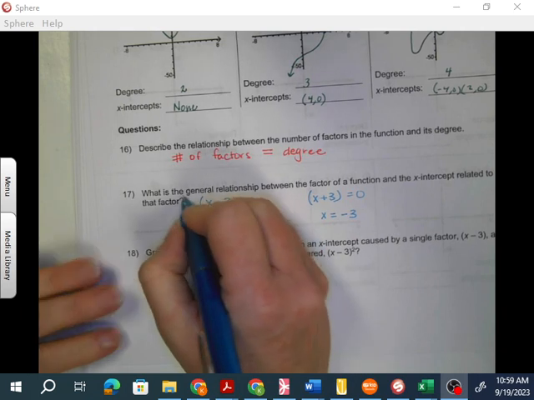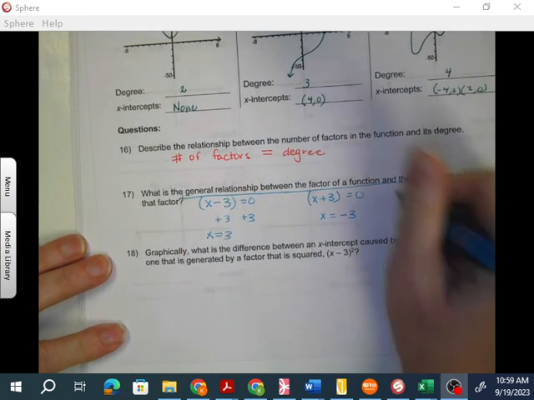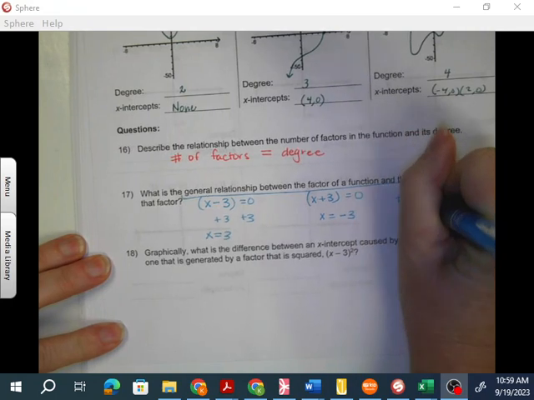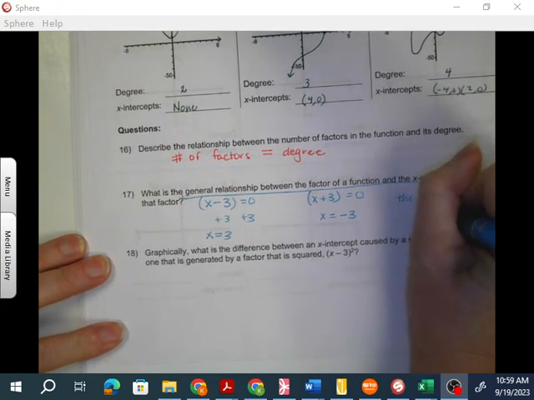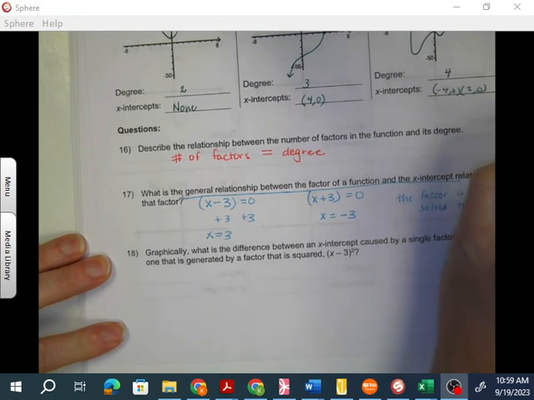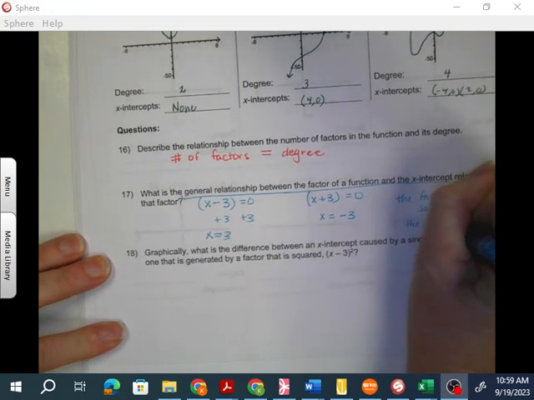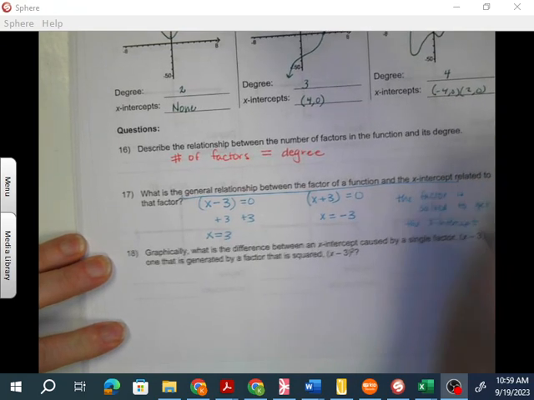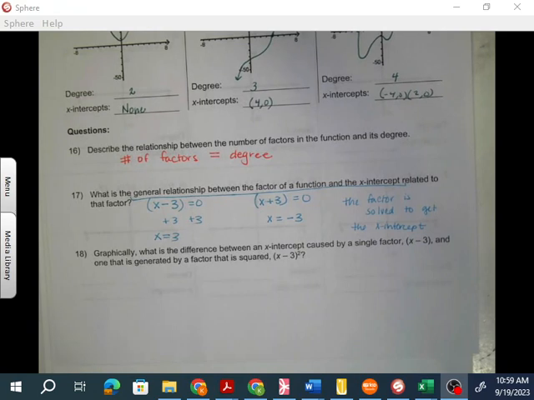So the general relationship between the factor of a function and the x-intercept is that the factor is solved to get the x-intercept. And most of the time, like you just said, it's going to be a switched sign. That's not necessarily always exactly true in case there's something in front of the x, but a lot of times that will be what it is.